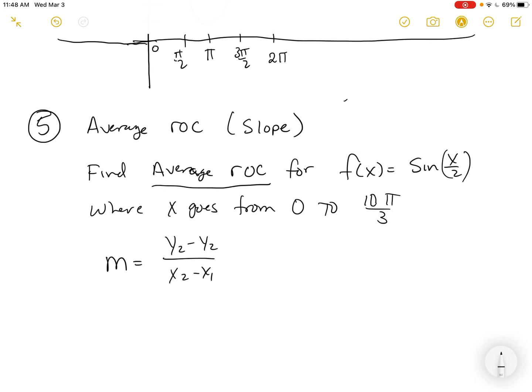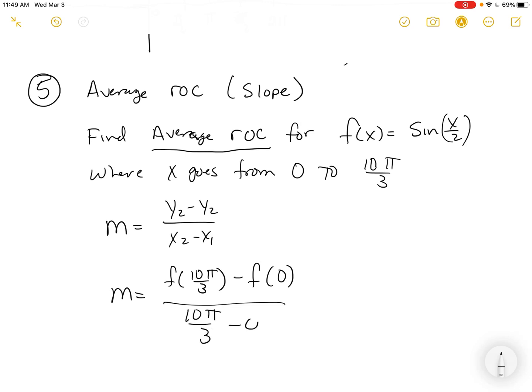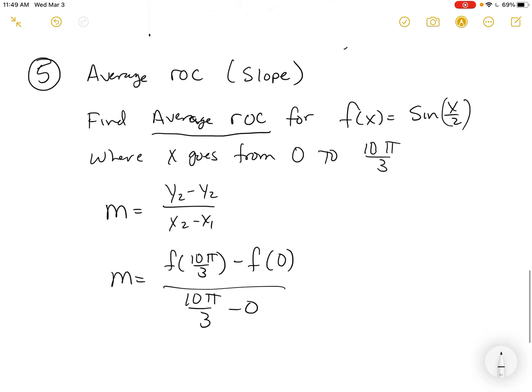No problem. So what's the change in y? Well, as I travel from 0 to 10 pi over 3, the farthest is 10 pi over 3, f of 10 pi over 3 minus f of 0, all over 10 pi over 3 minus 0. Perfect. That's all we have to do is solve this.